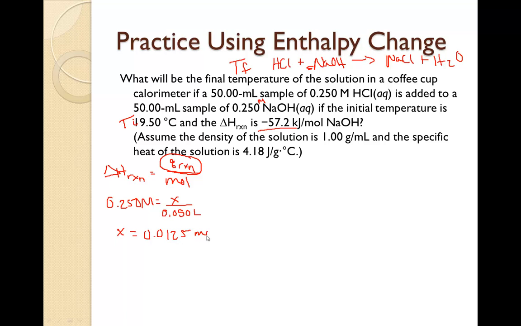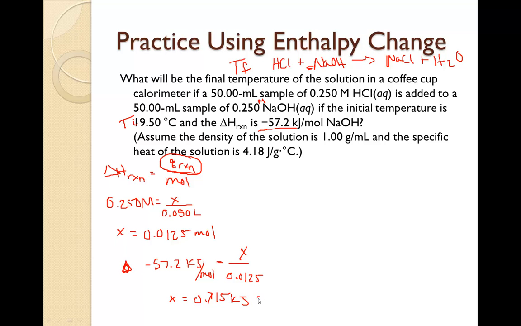Alright, so from here, the delta H is negative 57.2 kilojoules per mole, which is equal to X over 0.0125. That gives us 0.715 kilojoules for our Q.